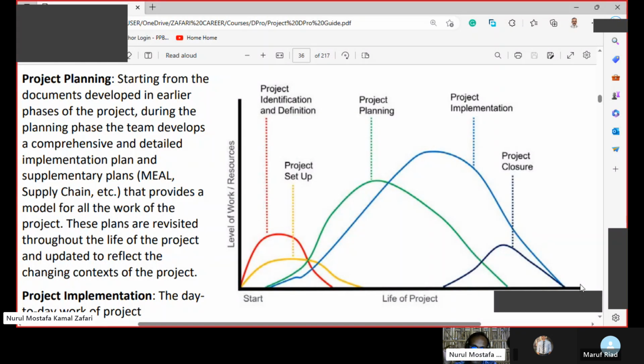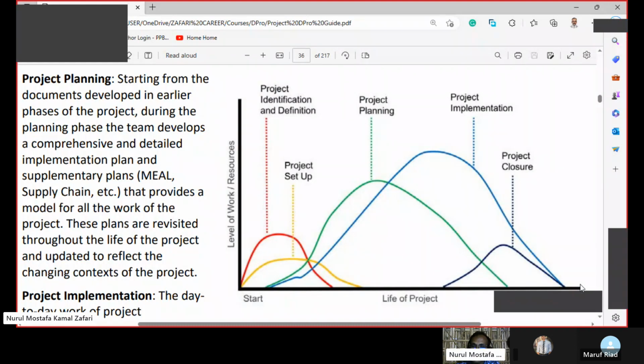And when we set up the project, it takes fewer resources because we did the primary research, the data collection, and the data analysis. Now we take decisions, and we sit with different teams, and we formulate the documents and proposals. Then the project planning phase.